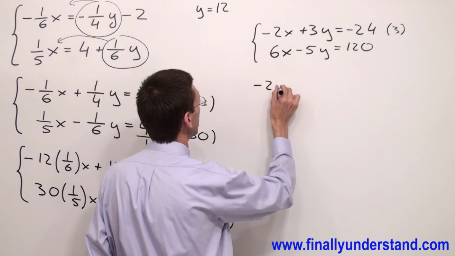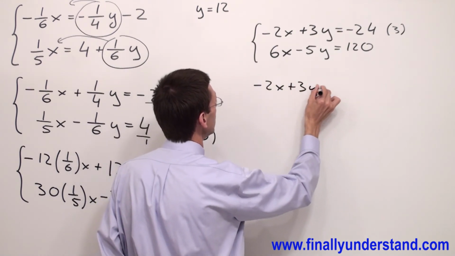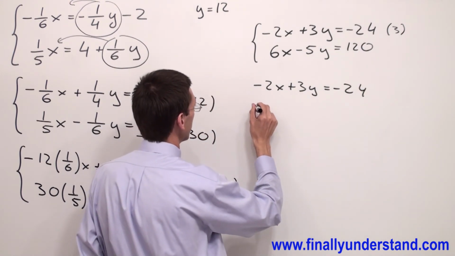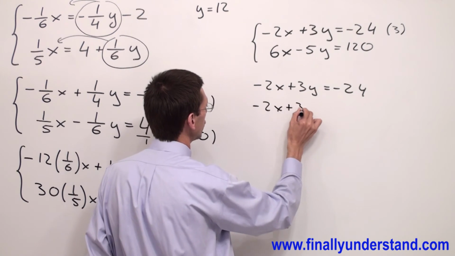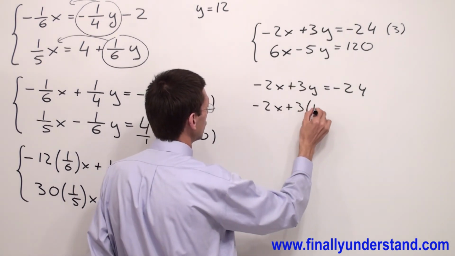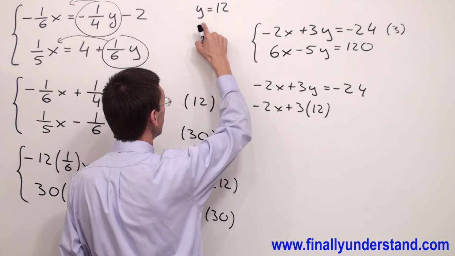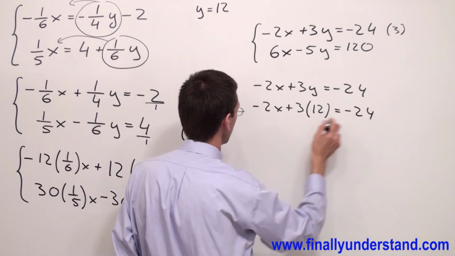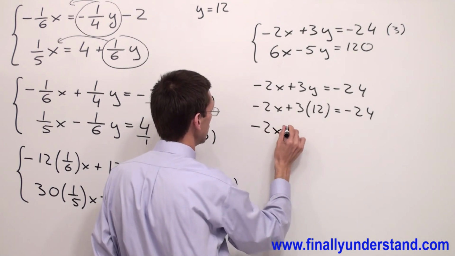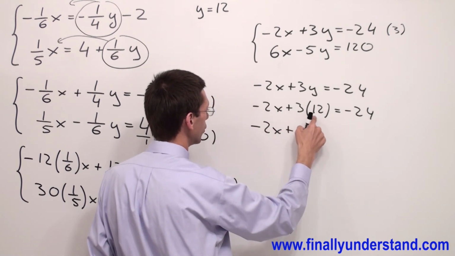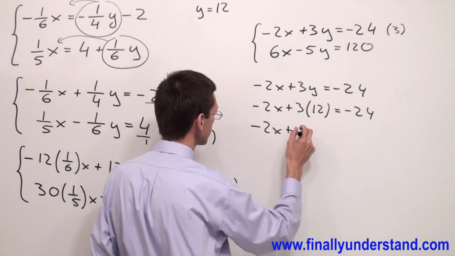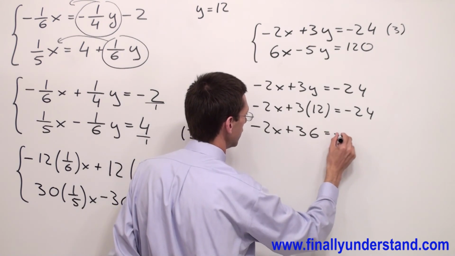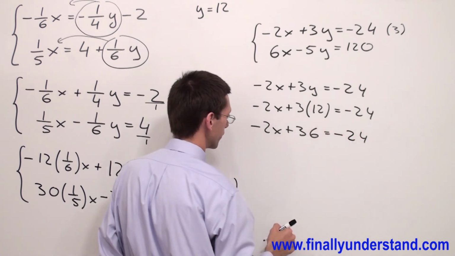So I have minus 2x plus 3y equals negative 24. I'm looking for x. I have minus 2x plus 3 times 12, because the y we found is equal to 12, equals negative 24. Minus 2x plus 36 equals negative 24.